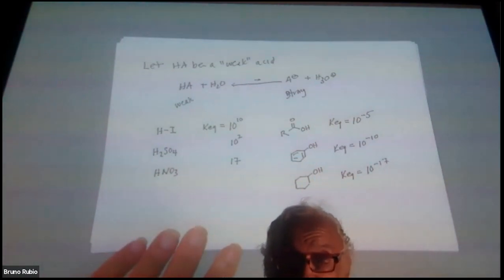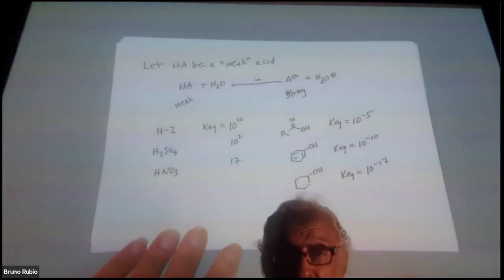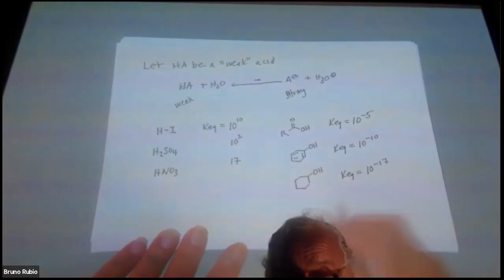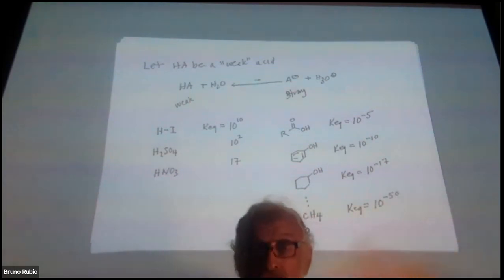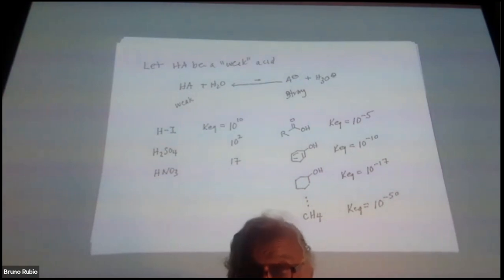And we could just keep going down all of the functional groups. We will in a second. But if we continue, we get to methane, which is among the weakest acids known. And its equilibrium constant for its reaction with water is 10 to the minus 50.